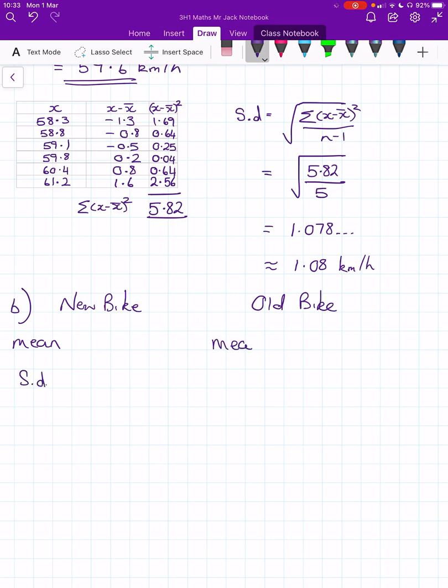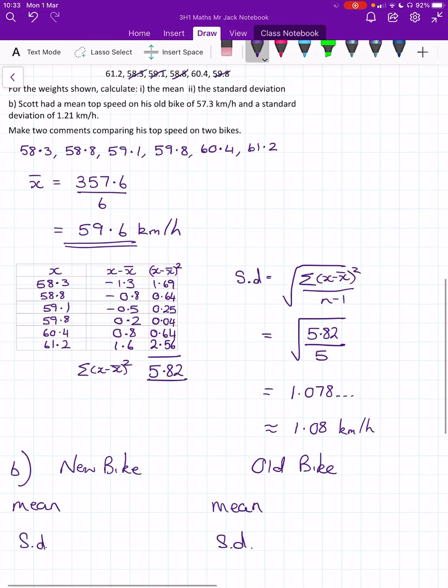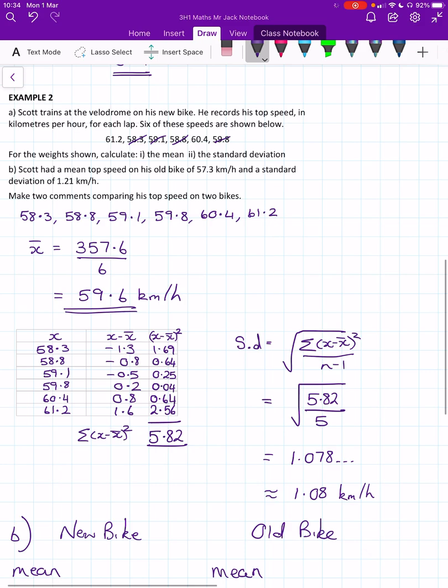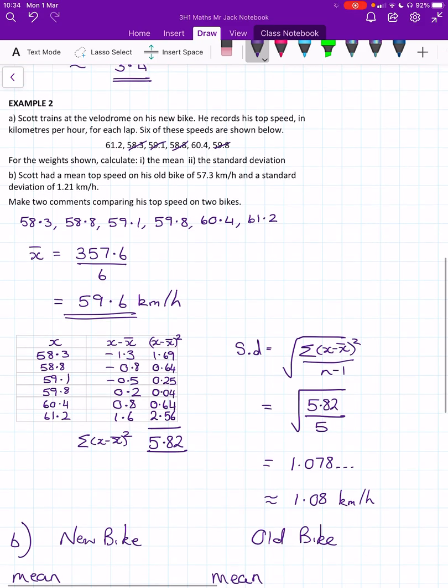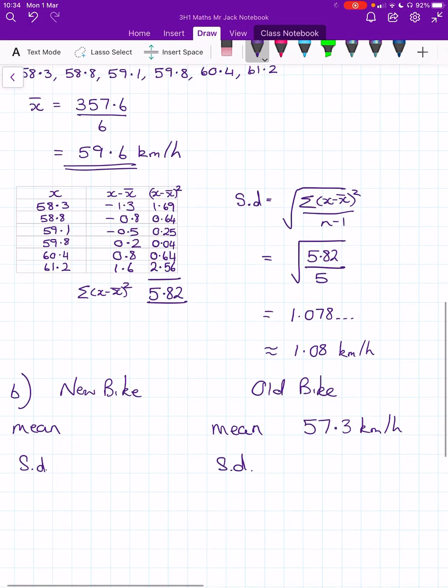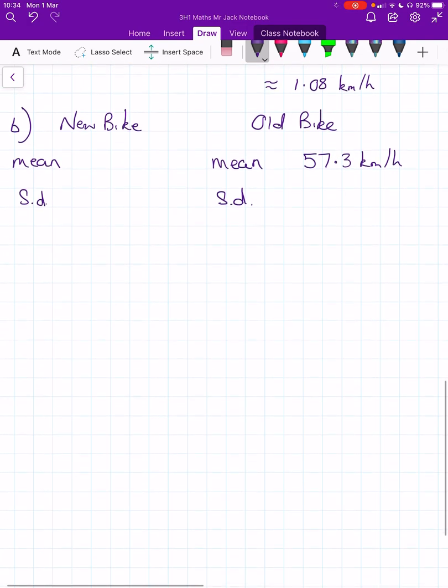This is just a way for me to focus on the information that I need to answer question B. On the old bike, his mean top speed was 57.3, so that's 57.3 in there. And the standard deviation was 1.21.